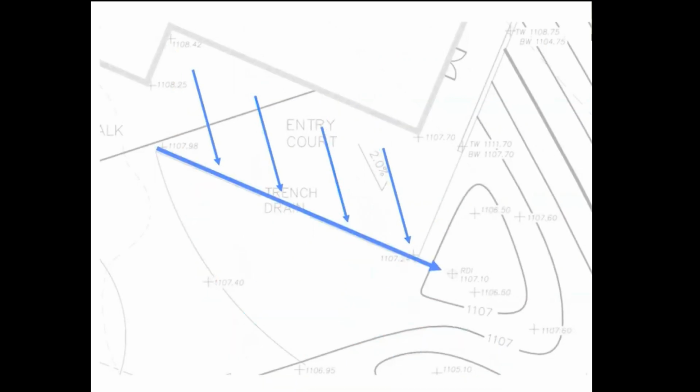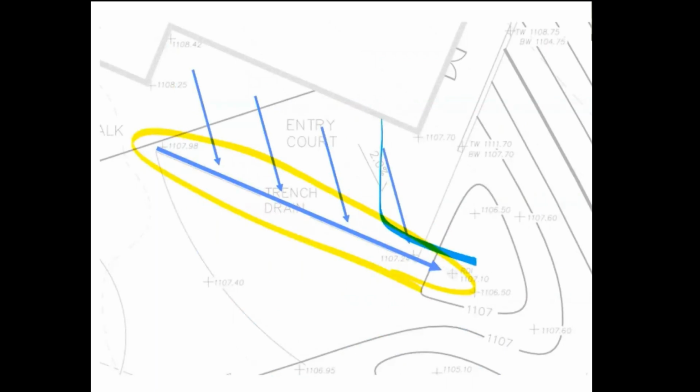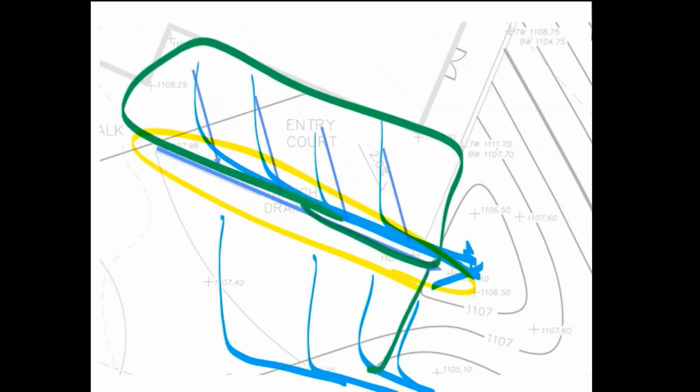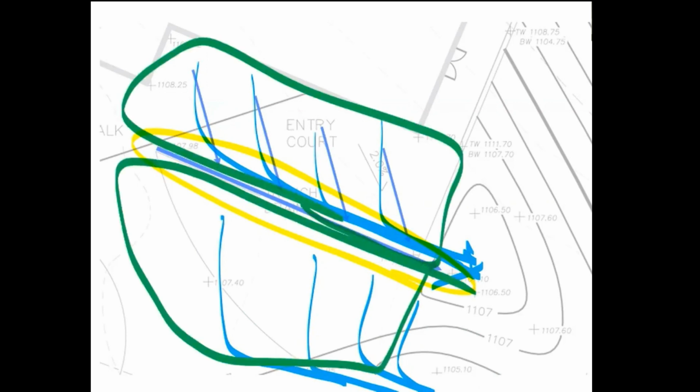However, once we add this trench drain, now we have a large amount of water that's being diverted into this system, and the rest of this water can run down separately into another system. So what we've basically done is we have said that we're going to break this into two sections. We have one drainage area here, and we have another drainage area there. This is going to make it much easier for you to maintain small retention areas.